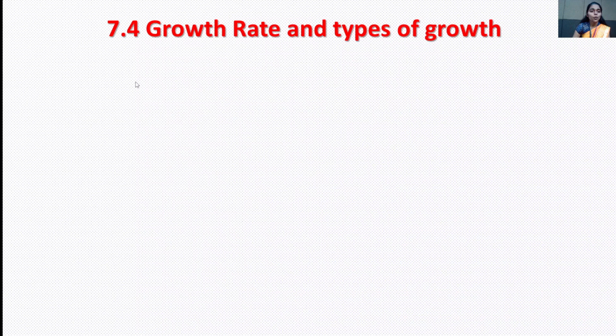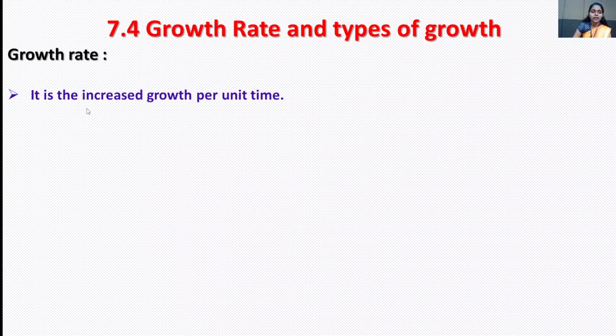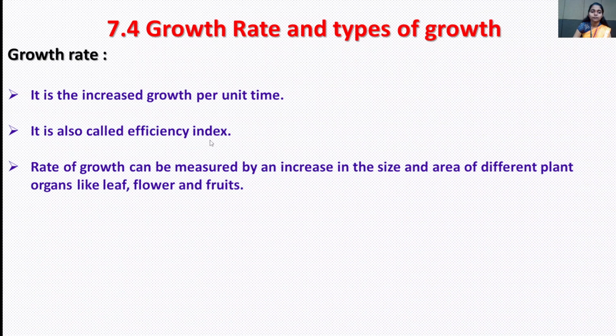So, the next point is growth rate and types of growth. Growth rate is the increased growth per unit time. It is also called the efficiency index.